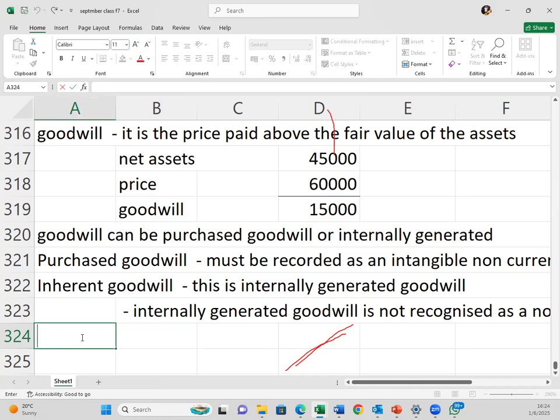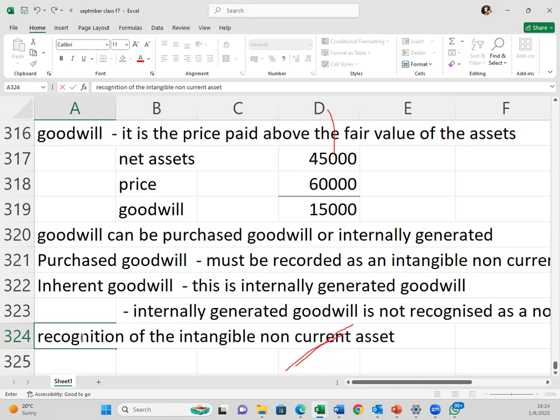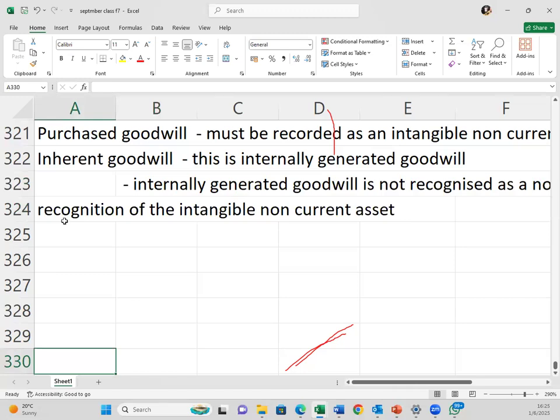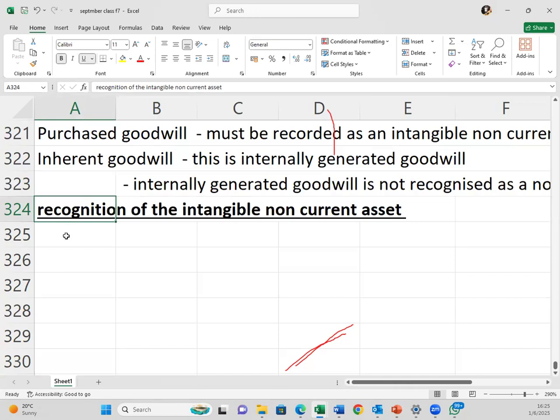Then recognition of the intangible non-current asset. So recognition in the books. When you're recognizing the intangible non-current asset, you can either use the cost model or the revaluation model.